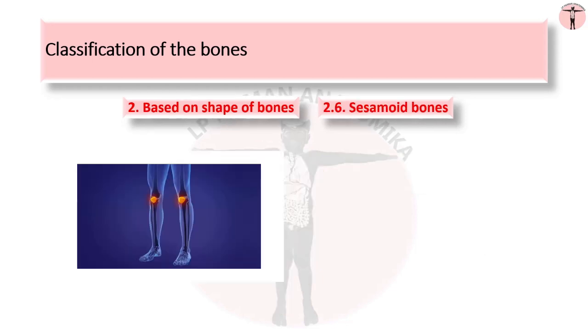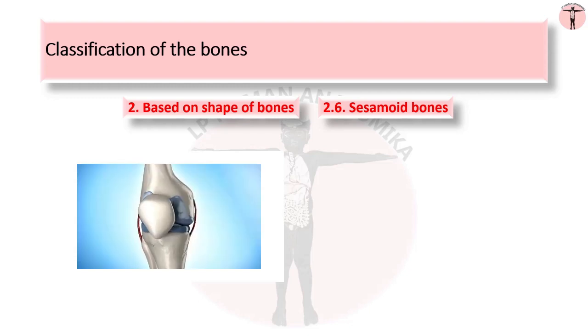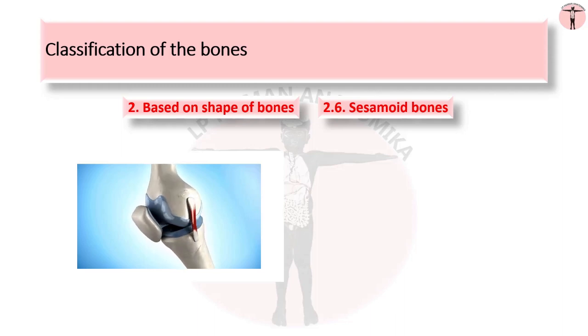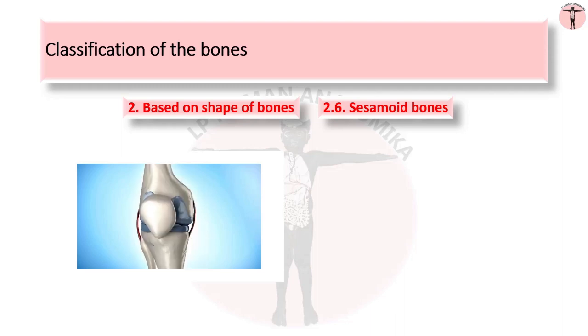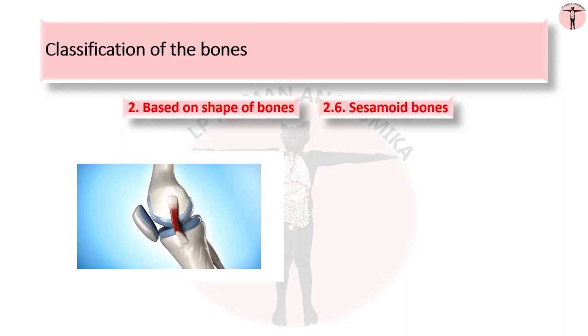Sesamoid bones. The word sesame is Arabic in origin. Sesame means seed. These bones develop as seeds in the tendons of some muscles. When these tendons are subjected to friction during the movements of joints, these submerged bones act as pulleys for muscular contraction.